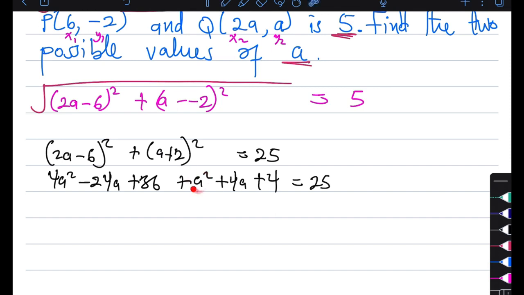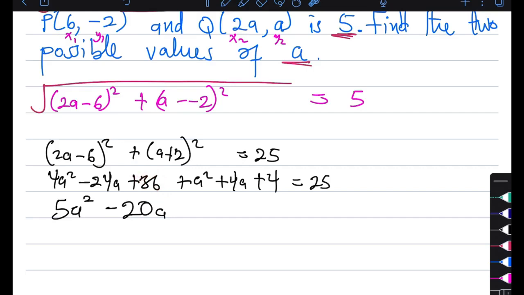So this a squared plus this 4a squared will give us 5a squared. Then the next thing is that we have negative 24a. Now we are going to add it to the 4a here, and then our answer will be negative 20a. Then we have the constants. We have 36 here.